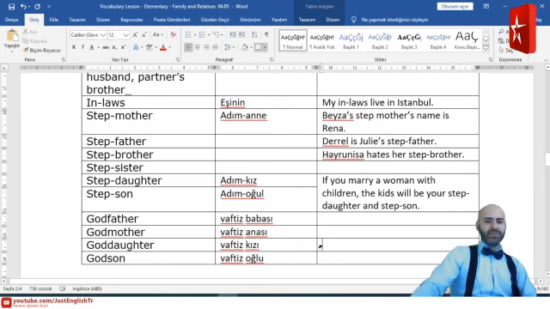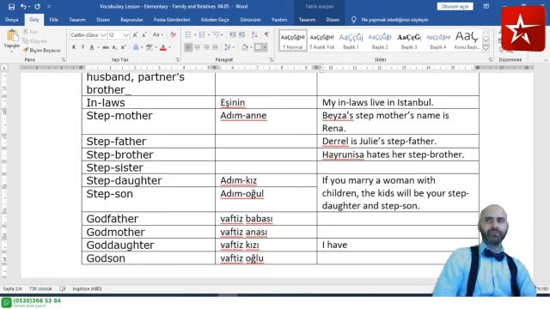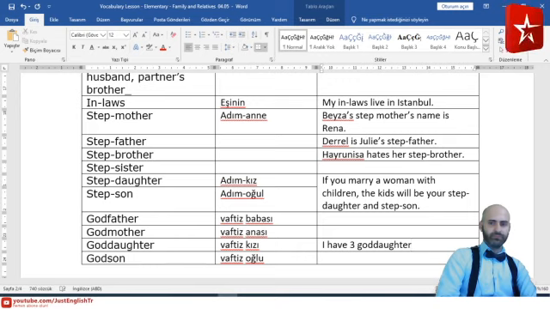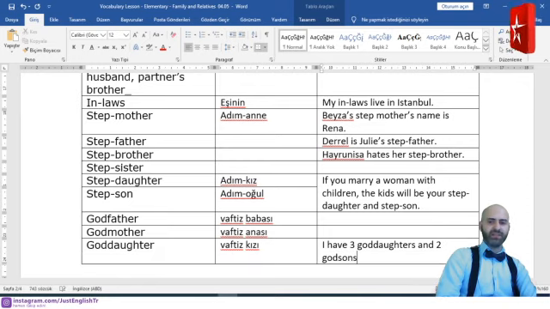I will write examples for you. I know that I have 1, 2, 3. I have 3 goddaughters and 2 godsons.